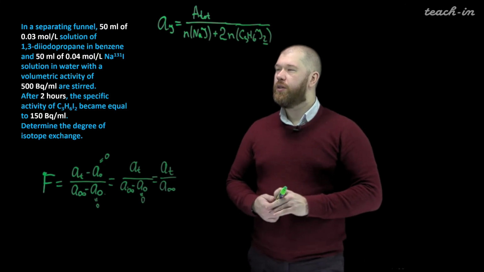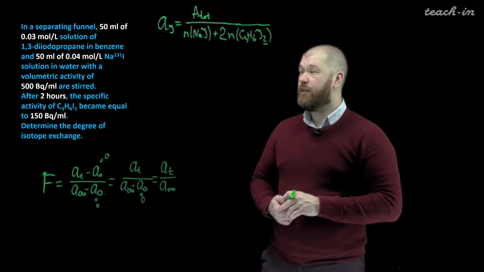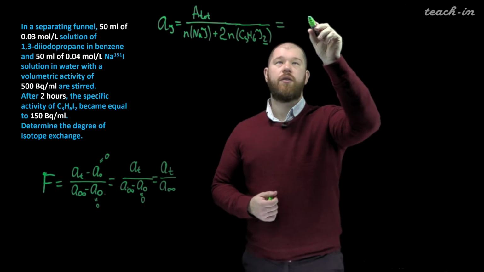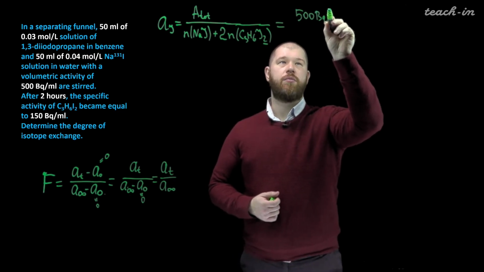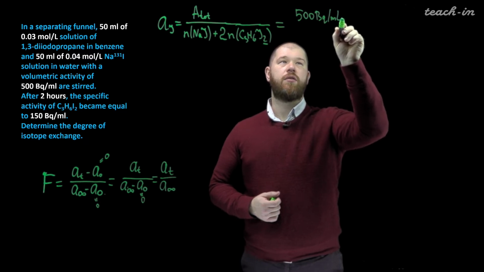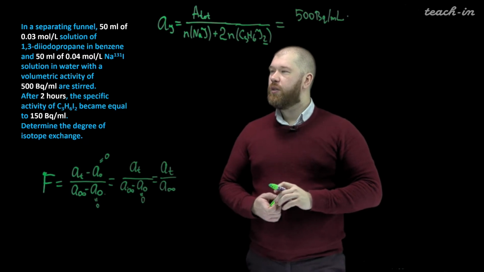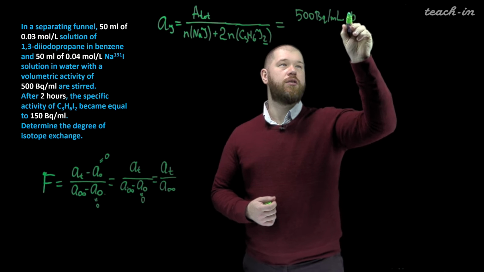We know the amount of the added activity. So it is 500 becquerels per milliliter multiplied by the volume of the sodium iodide solution, which is 50 milliliters.